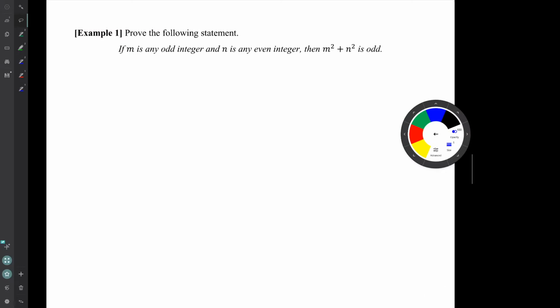So as I said earlier, I'll just do a series of examples and discuss issues as they come up. So, example 1, prove the following statement. If m is any odd integer and n is any even integer, then m squared plus n squared is odd. So let's start by putting this in the form of a universal conditional statement.